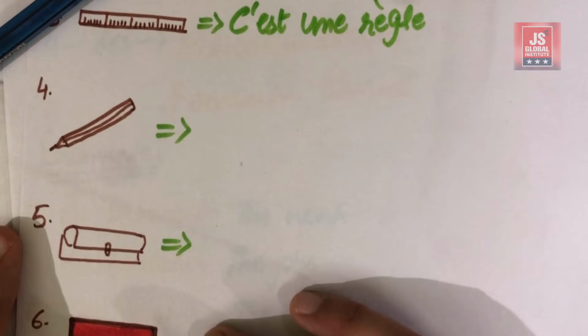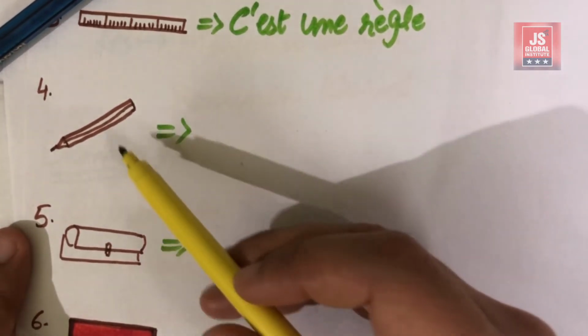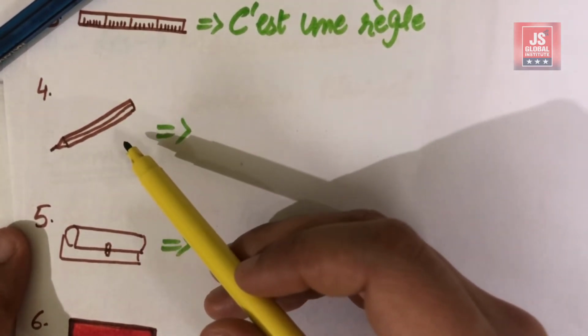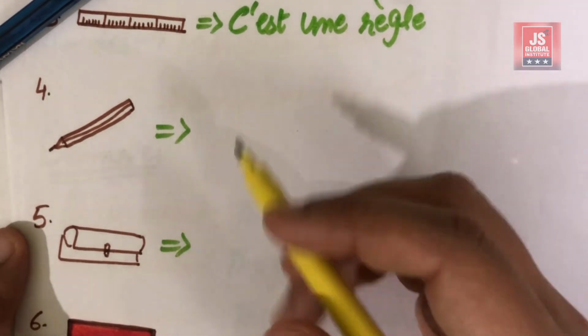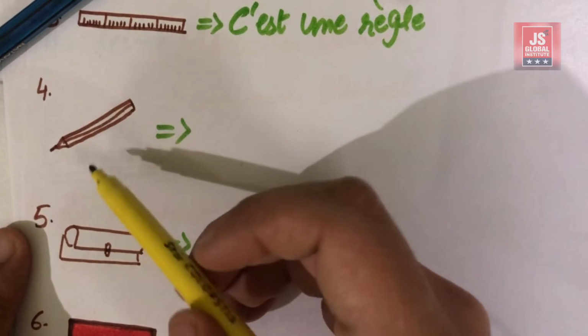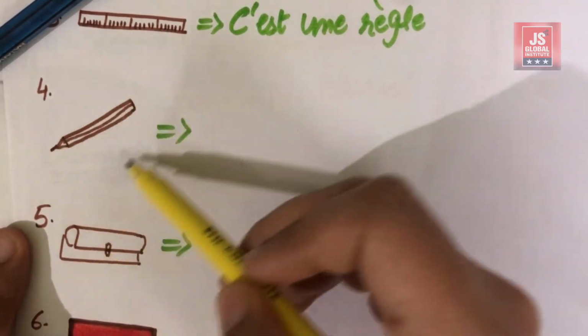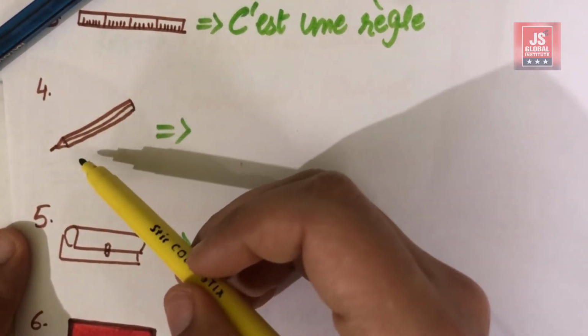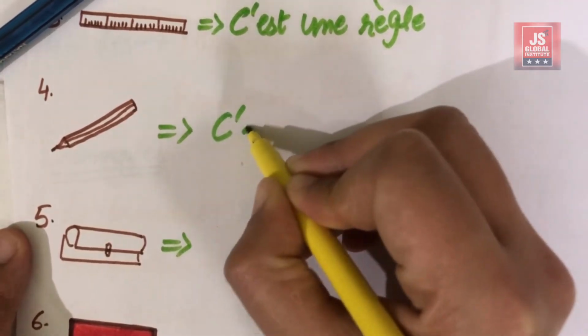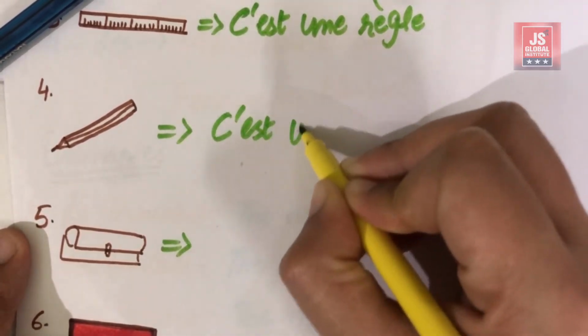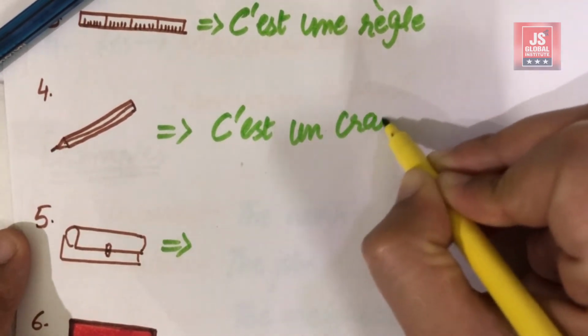Then I again pointed out and said qu'est-ce que c'est? Alright, so what is this? This is a pencil basically, and you will say madame. And what is the pencil called in French? It is called a crayon. And you will say madame, c'est un crayon.